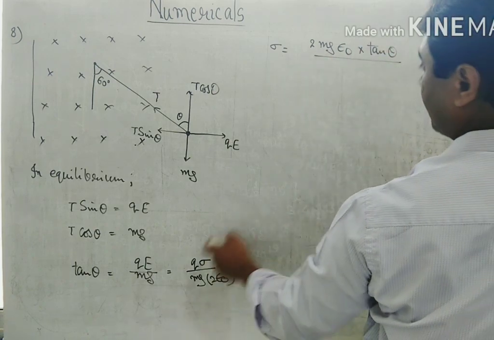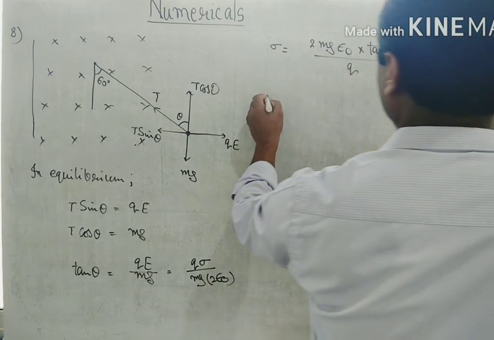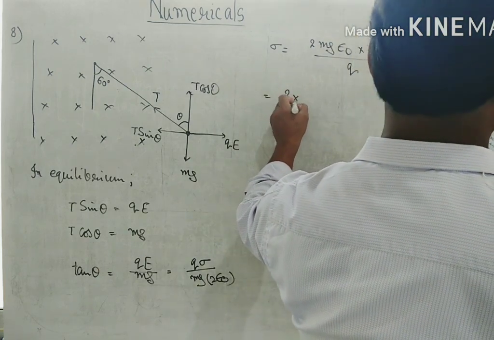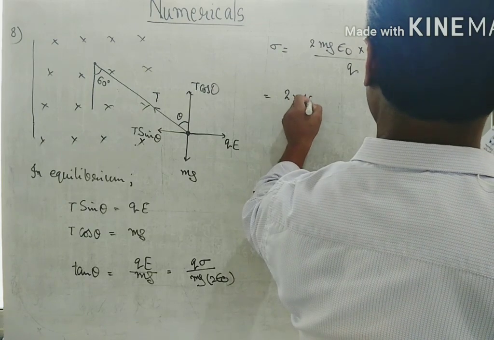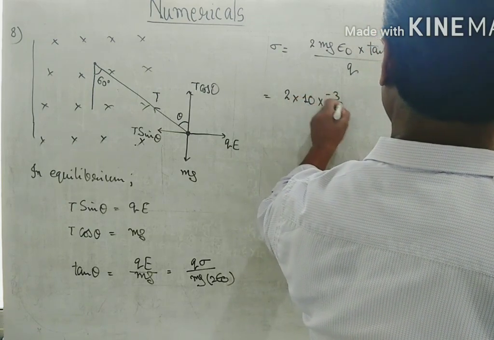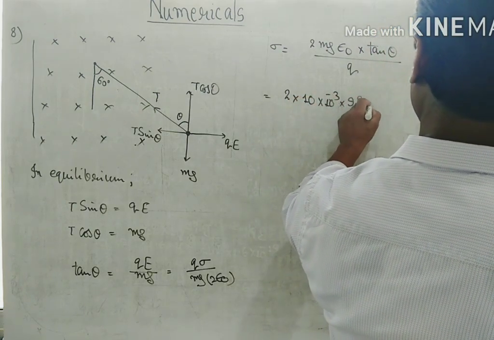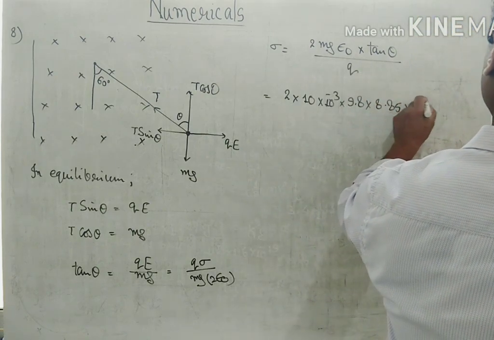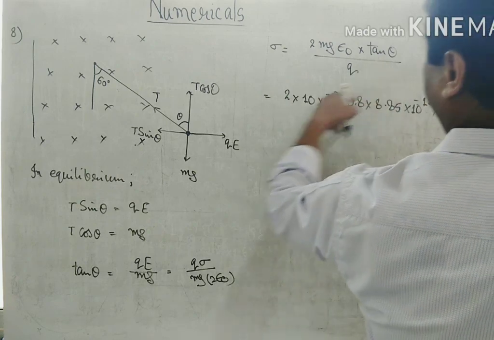upon Q. Now the values given in the question: 2 into mass, which is 10 gram, 10 into 10 power minus 3, into 9.8, into 8.85 into 10 power minus 12, into tan 60.